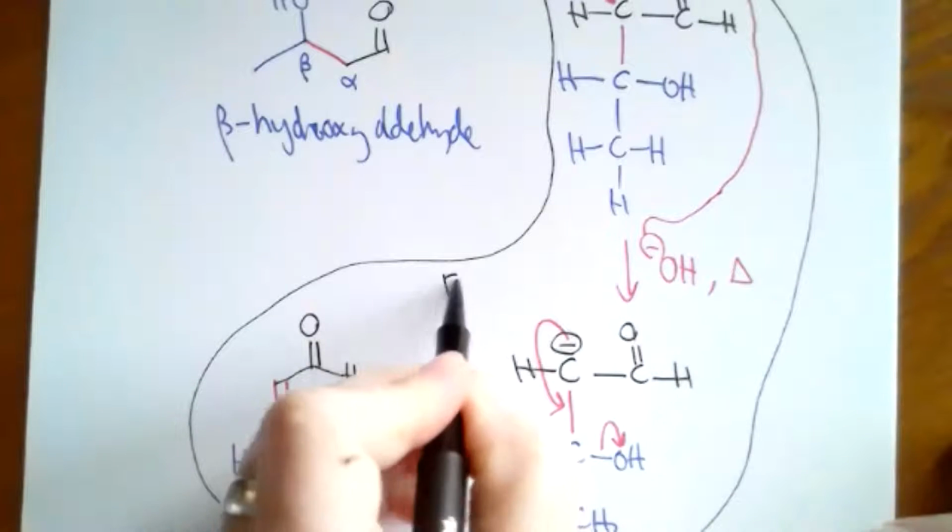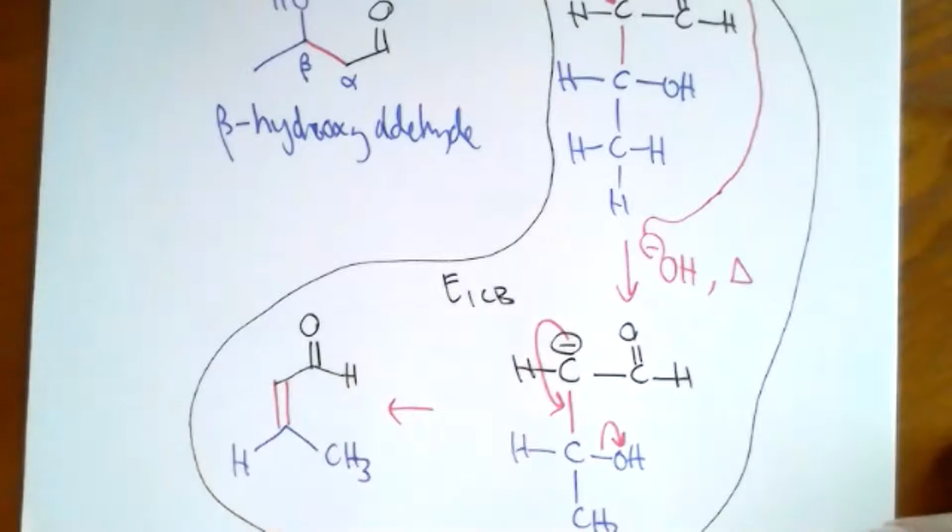This reaction step is called E1CB, elimination unimolecular via the conjugate base. So your first step is acid base to make a conjugate base. That's this enolate, a conjugate base. That conjugate base then folds down and kicks out your leaving group to do your elimination. E1CB. When you do an aldol in base, you do E1CB.